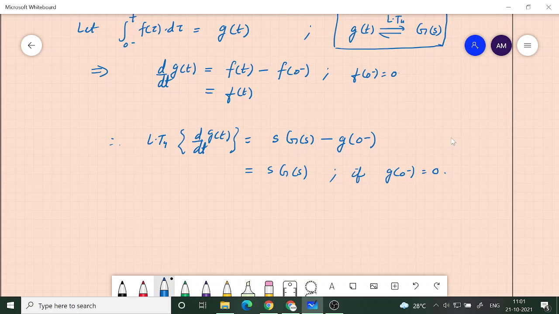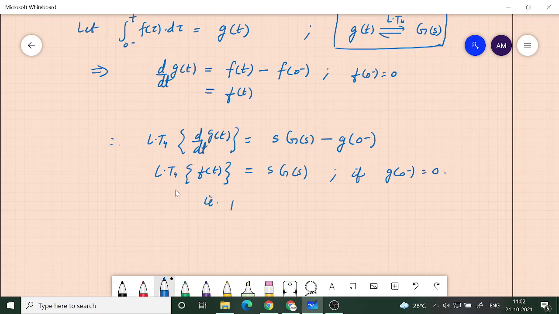we have, so the derivative of g is equal to f of t. So the Laplace transform of small f of t is equal to s times this, and we will call it F of s.